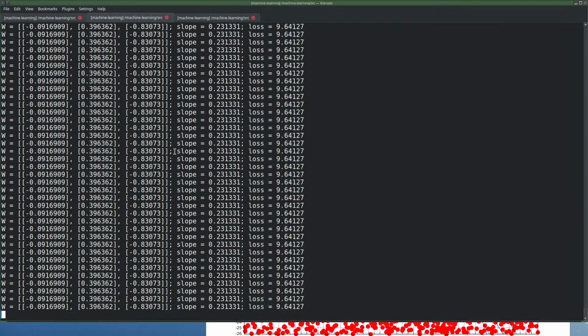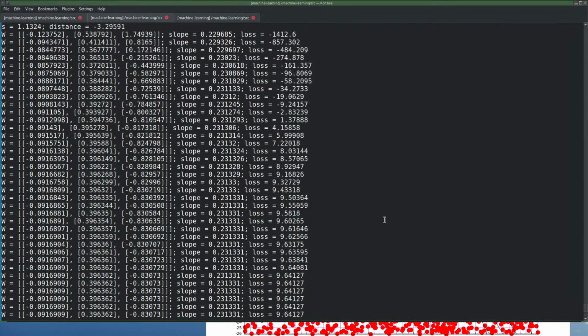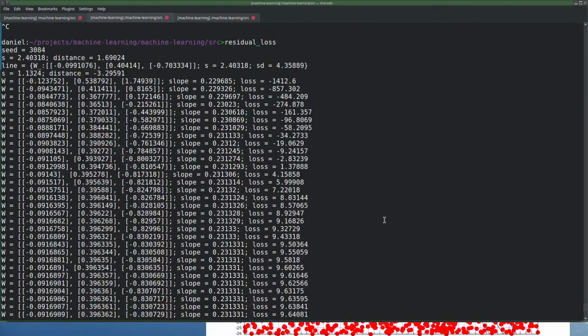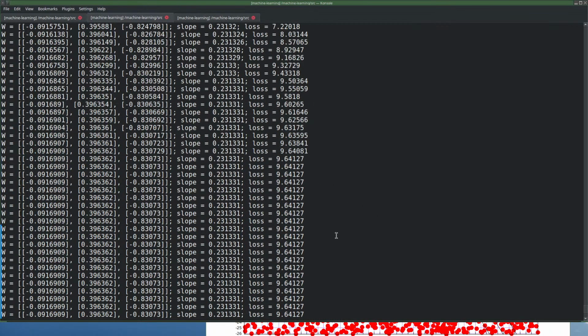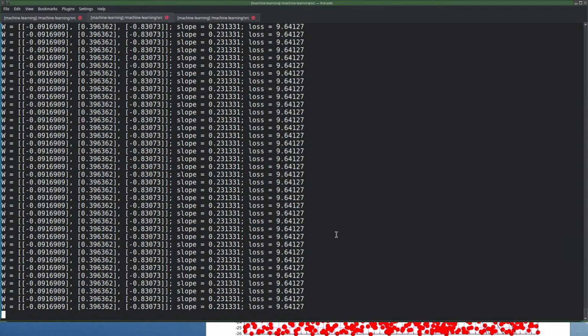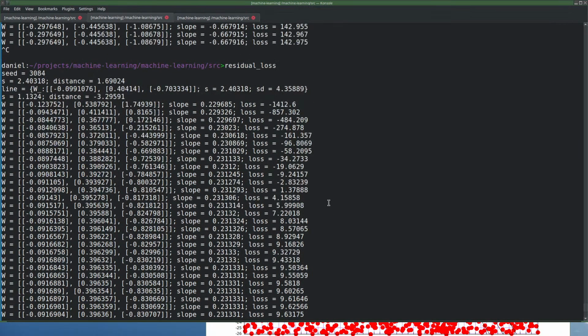What is my loss then? 9.6. So looking for a maximum here. Does that have to do with the sign of one of these things here?